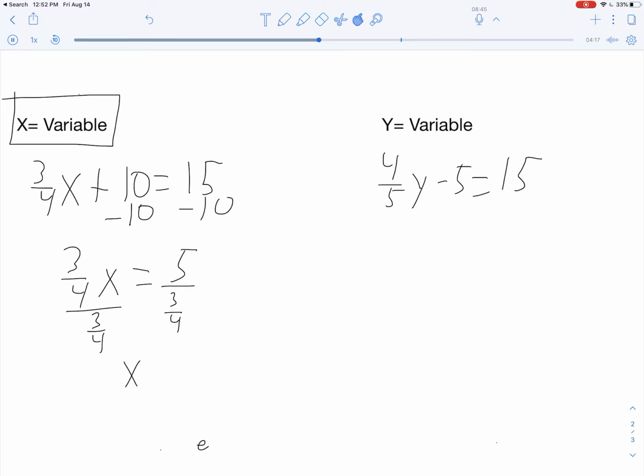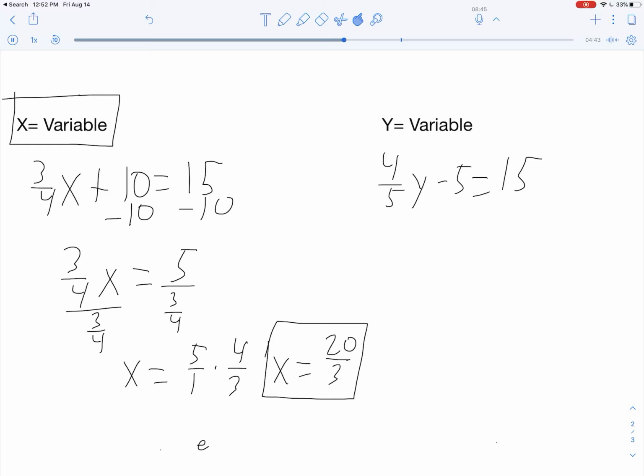So it really is x is equal to 5 over 1 times 4 over 3, which gives us x is equal to 20 over 3. And for these, we can keep it as an unsimplified fraction. We can also make it a mixed number, but keeping it unsimplified here is perfectly fine.